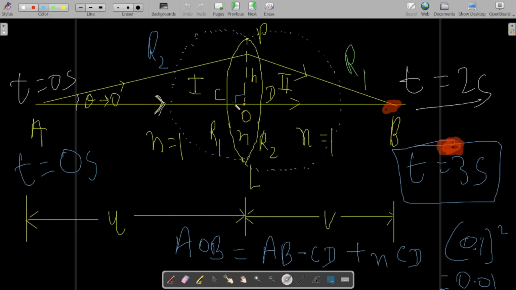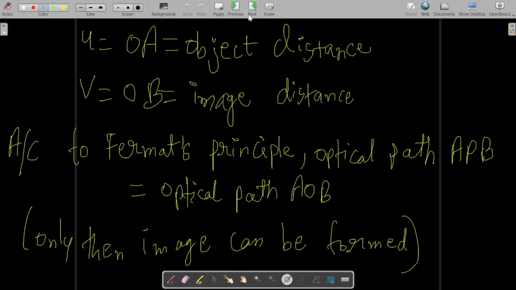The dimensions of the lens are very small as compared to the distance of the object and the image, because we have taken a thin small lens. So h will be small as compared to u, because the object will be kept at a much greater distance.